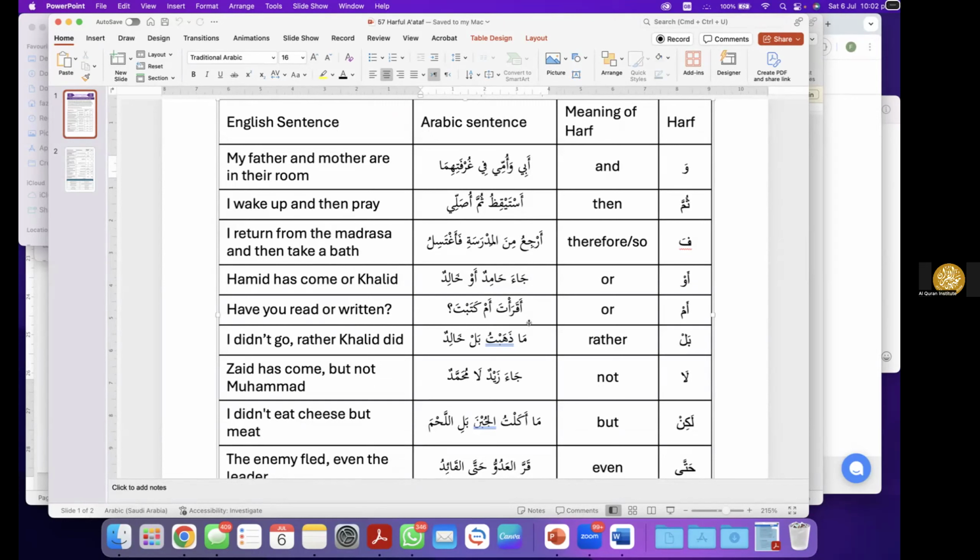It means I wake up, and then I pray. Is there any ataf element here? Which one is connecting what? Thumma usalli. Then I pray. Which one is the harf ataf here?